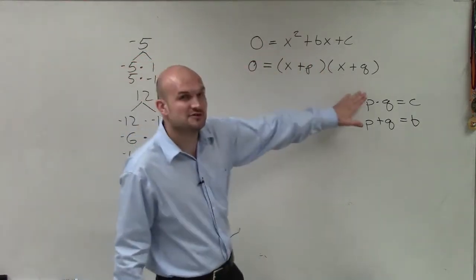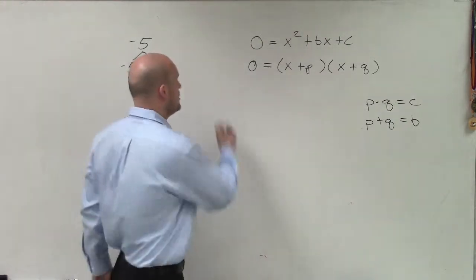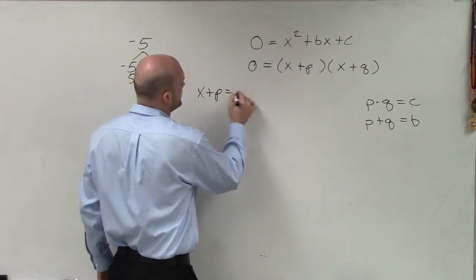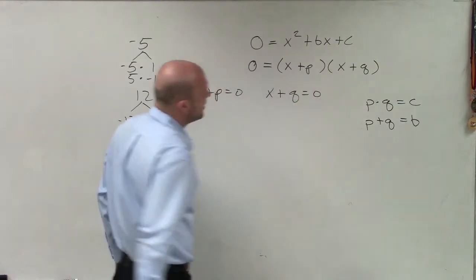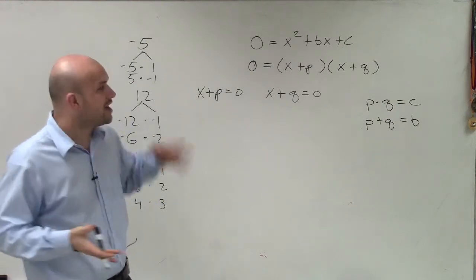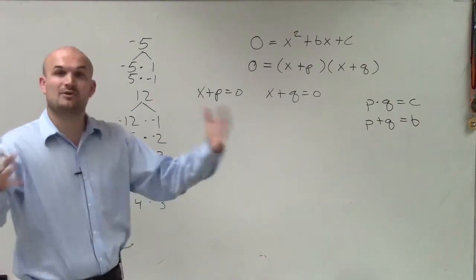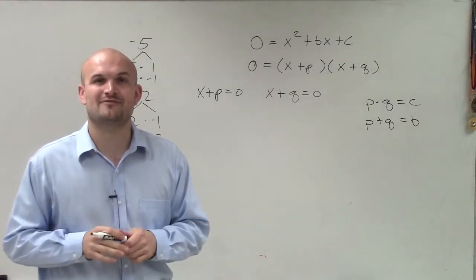But once we have these two factors set equal to 0, we can use the zero product property to now isolate our variable x, and now we can solve. So that's what you need to know for this. I'm going to get into a lot more details on how we're going to do this and some tips and tricks, but that's the very basics for solving by factoring. Thanks.